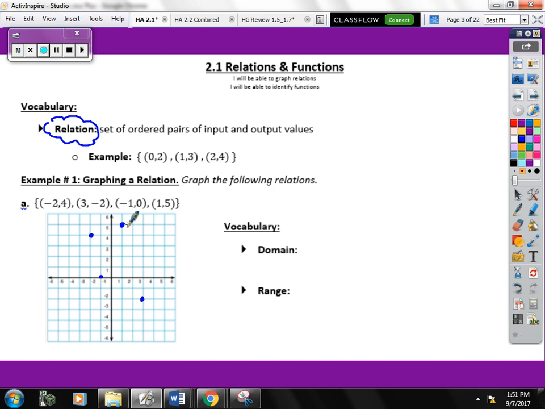What's the domain? X. Yes, it's the set of all x values. You can also call those the input values or the independent variable. The range is the set of all y values. We will do a lot with domain and range this year.